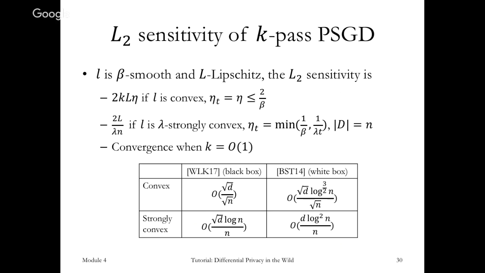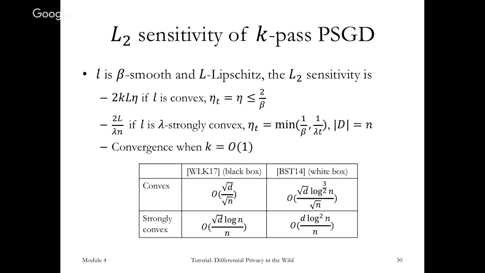And when the number of passes over the dataset is constant, they have shown this black box approach can have better convergence than the private work that adds noise to every iteration. For convex loss functions, the improvement is about a factor of log^(3/2) n, and for strongly convex loss functions, the improvement is about square root of d and log n. So remember, this is for a constant number of passes.